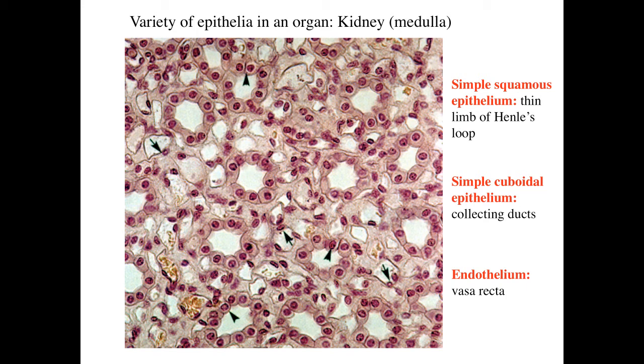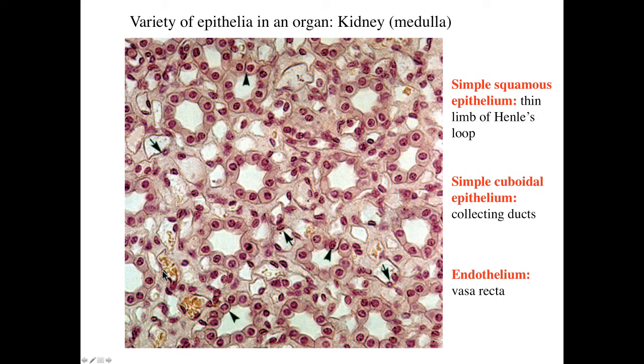On the other hand, a simple cuboidal epithelium, like shown here or shown at these arrowheads, would line some of the collecting ducts in the kidney, and an endothelium shown here would line the vasa recta. And we will talk about these different areas in the kidney much later in the course.